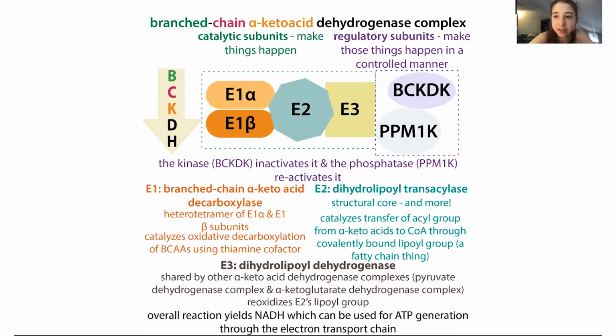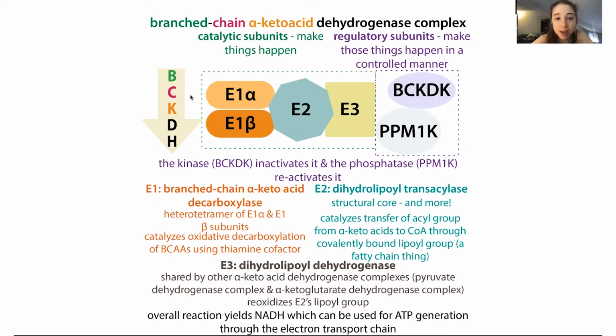We often think about kinases as activating things, but they can also inactivate things. Once it's inactivated, you're going to want to activate it at some point, right? That's where PPM1K comes in. This is actually a phosphatase, even though it has a K in its name. It's going to remove the phosphorylation that BCKDK put on, and this is going to reactivate it so that you can then break down amino acids again.